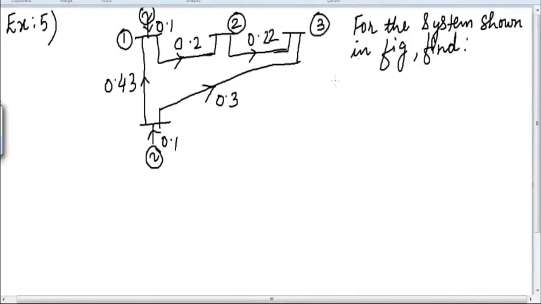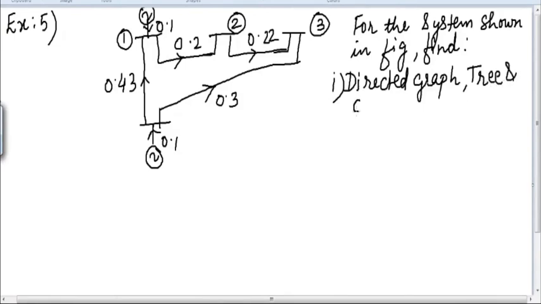Let us see what all things are asked one by one. First, directed graph, tree and co-tree. This is the first bit that they have asked.